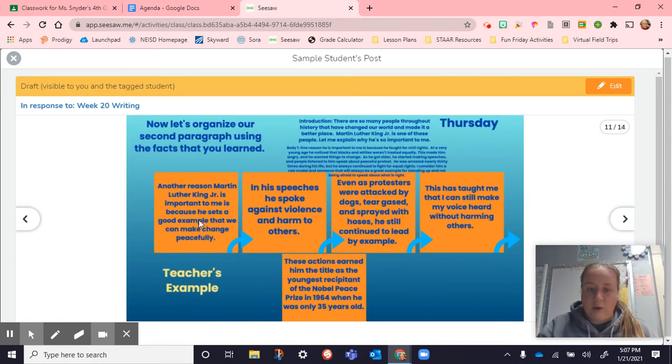So why I think. I can't just say, he's important because he modeled protesting peacefully, and he modeled staying calm when everybody around, you just want to scream. He stayed very calm, and he still continued to speak the truth about love and kindness and acceptance, and all of these things that he preached about.